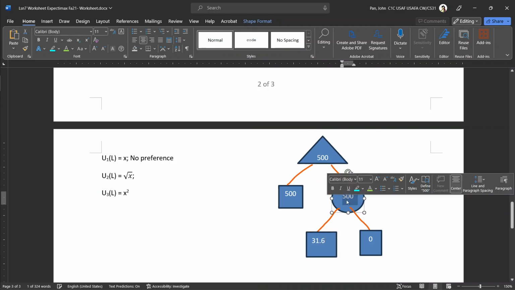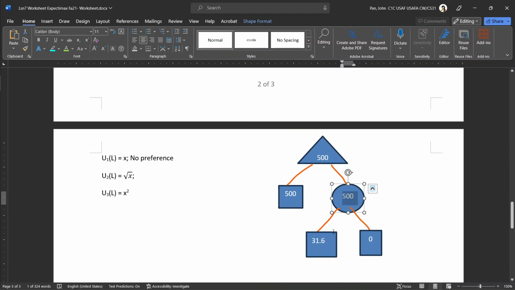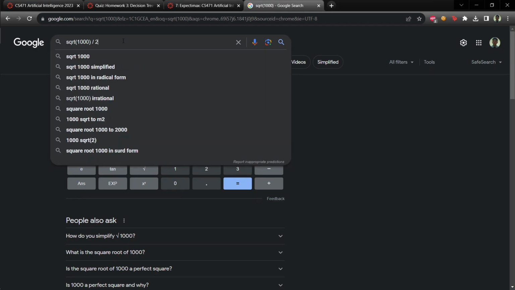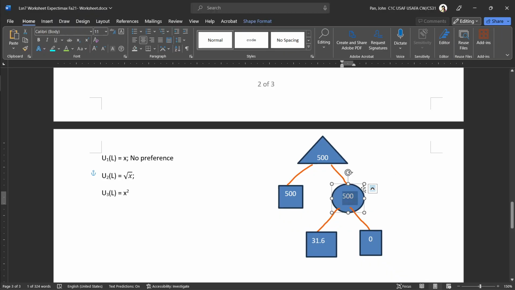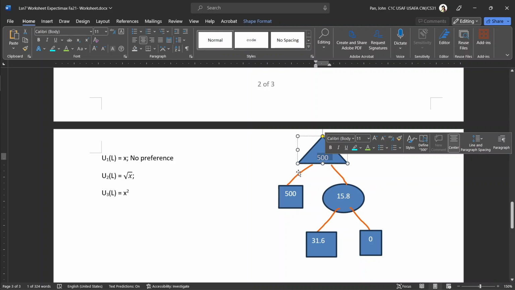So our expected value is 50% of 31.6 plus 50% of 0, which is 15.8. So in this case, our maximizer would clearly choose the left branch.